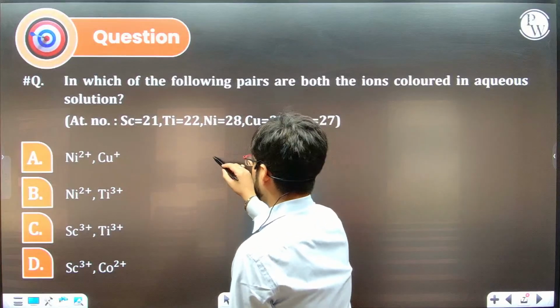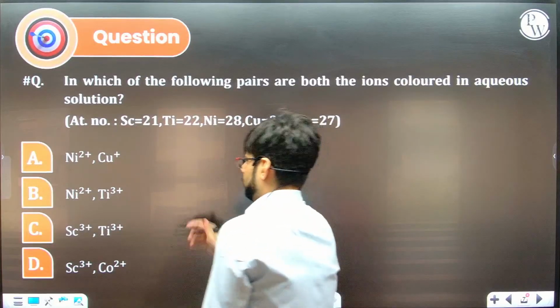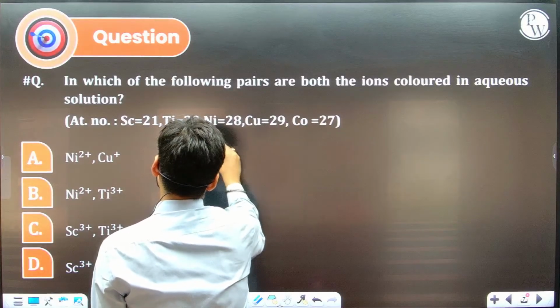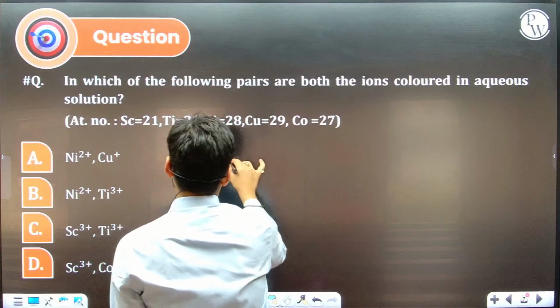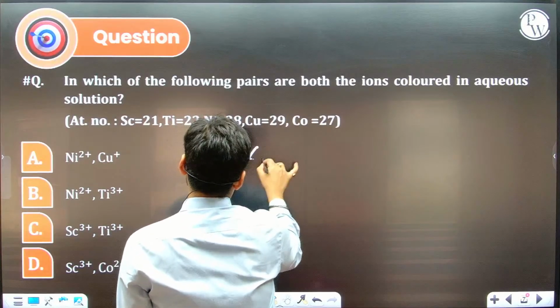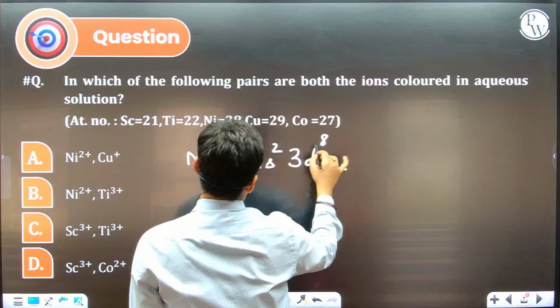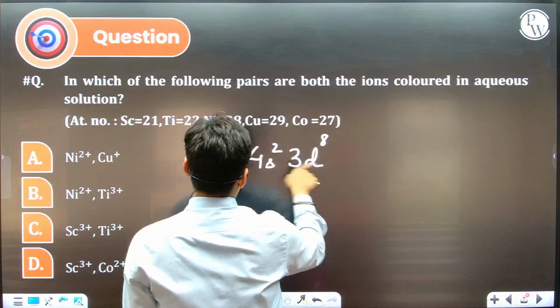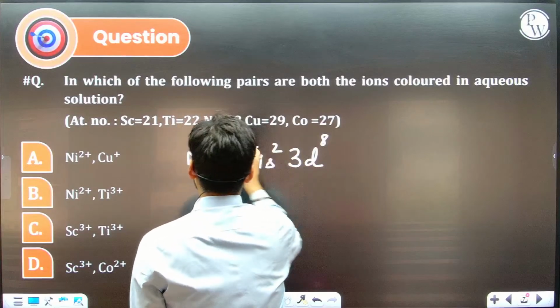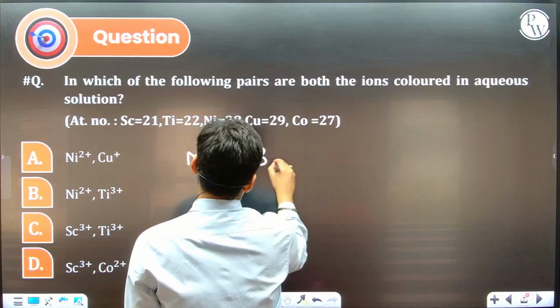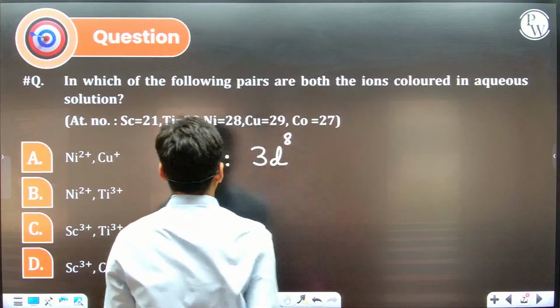If I talk about the electronic configuration of Ni2+, I'm talking only about 4s and 3d here. So 4s2 3d8 is the outer electronic configuration of the nickel atom, but now it is +2, so I have to remove 2 electrons, which means this is what we get.